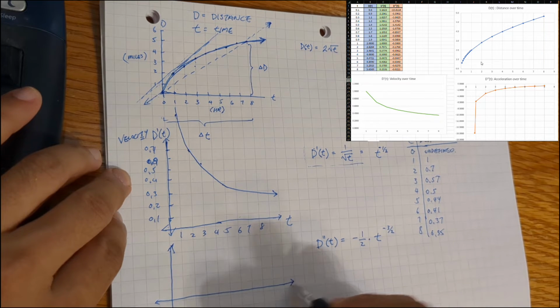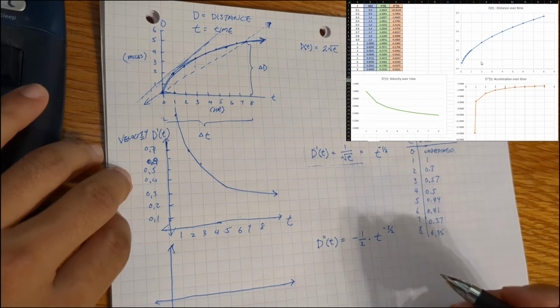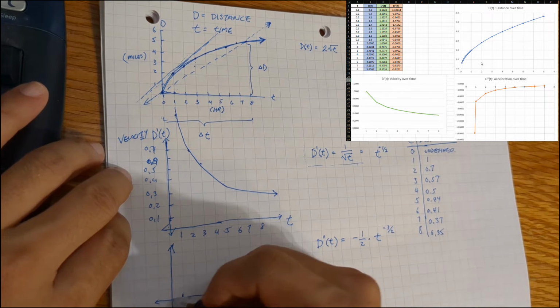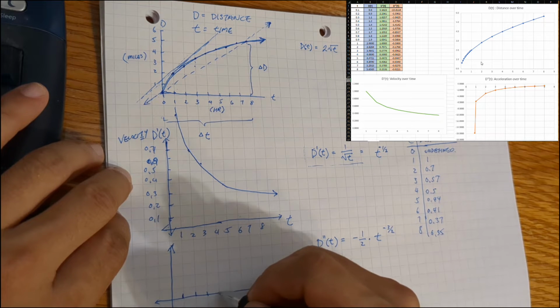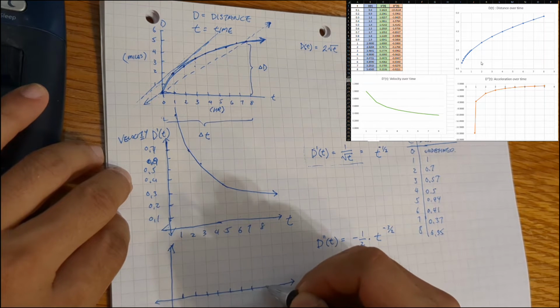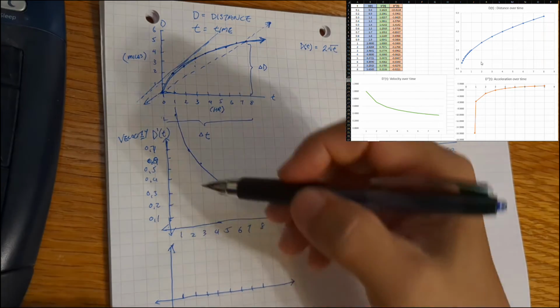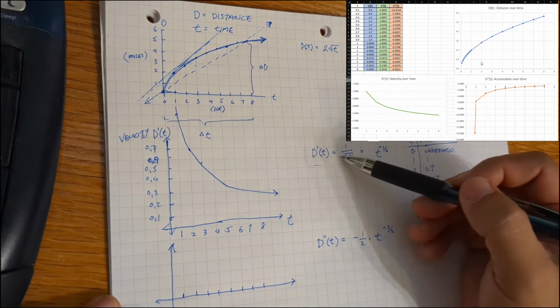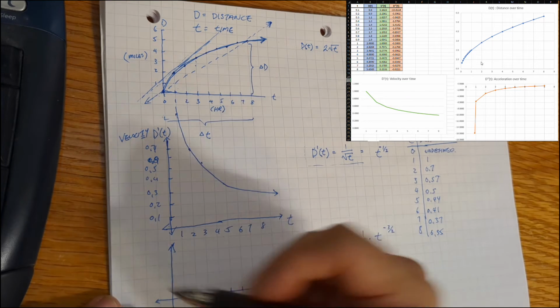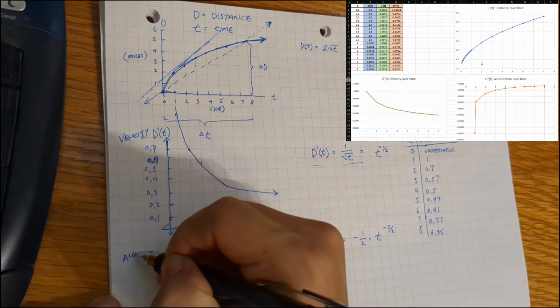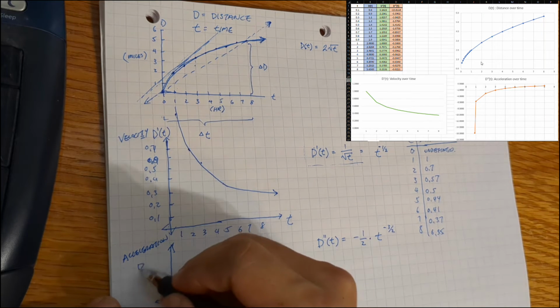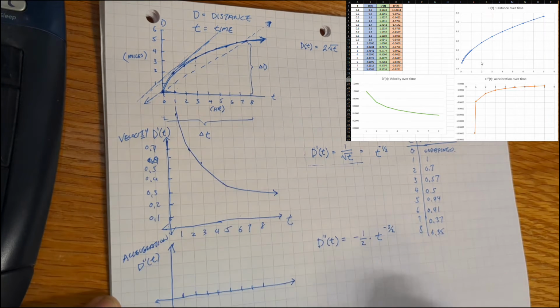acceleration. So the same goes for the acceleration. Instead of starting at 0, let's just start at 1, 2, 3, 4, 5, 6, 7, 8. So the acceleration, whereas velocity is d prime of t, acceleration is d double prime of t.